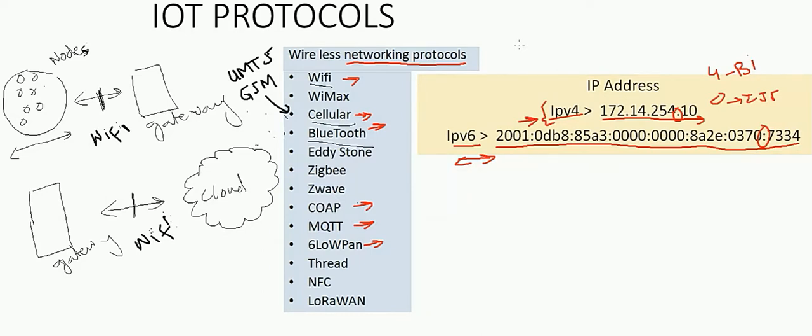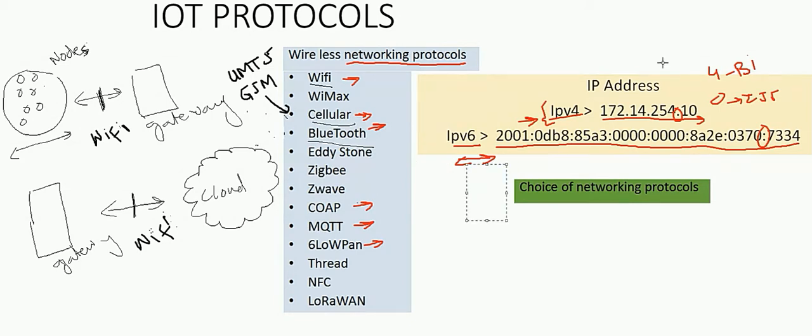So we cannot completely replace it at once with IPv6, but maybe in the future most of the devices will come to IPv6 addressing. But today they are supporting both IPv4 and IPv6 based addresses.